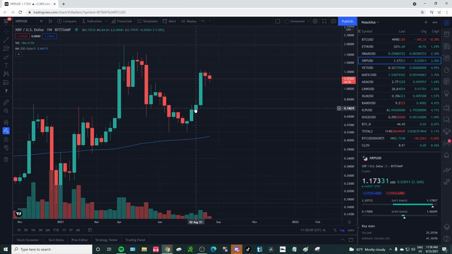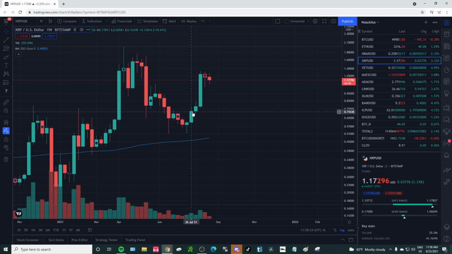Here's another very good example. We're on XRP, weekly chart. We have increasing volume, increasing price, but see how this volume bar is only about double the amount of this volume bar? See how this candle's spread is way more than double of this candle's spread.